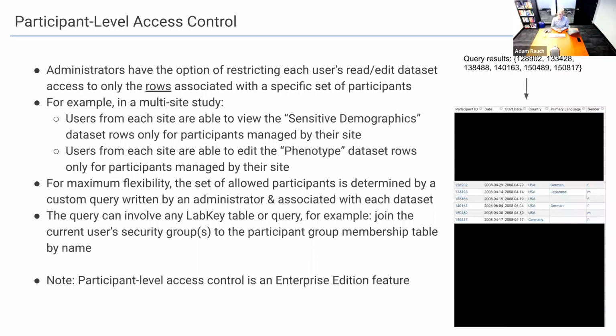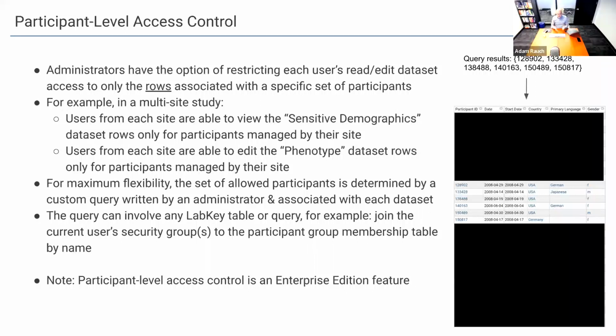If I then write a simple LabKey query to join the current user's security groups with the participant group membership table and join them by name, so by convention I use the same names in both places, now my query will show all of the participants who belong to the site where I'm currently a member, or perhaps multiple sites if I happen to be a member of multiple sites for some reason. But that's just an example.